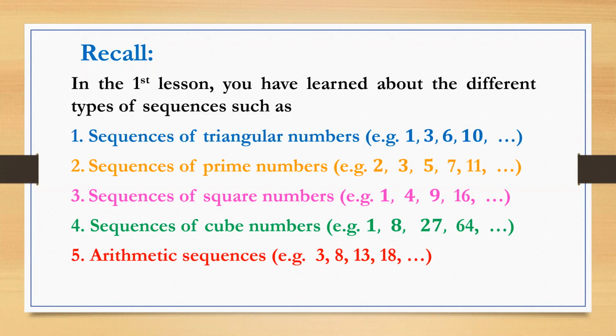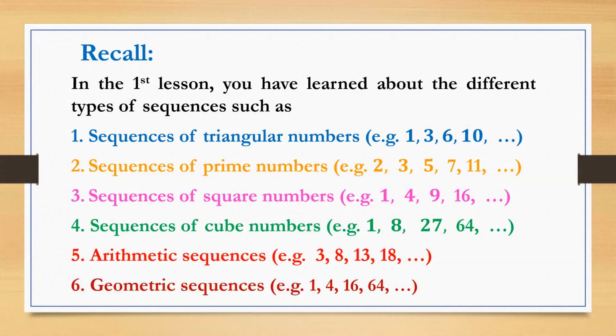We have also learned about arithmetic sequences where we need to add the same value to get the next term. And finally, the geometric sequences where we have the same ratio between any two consecutive terms.